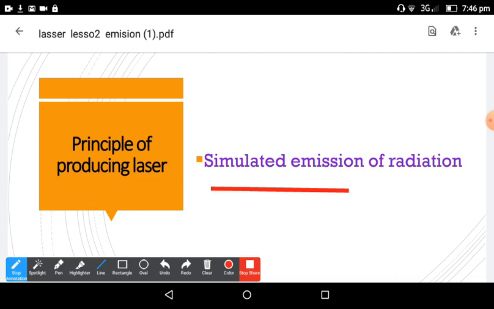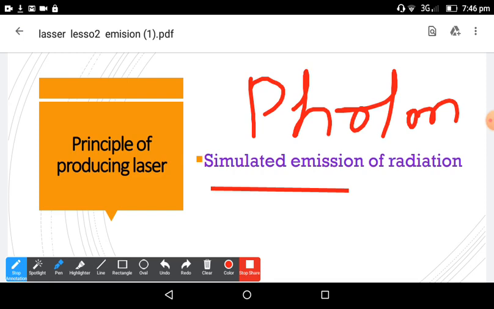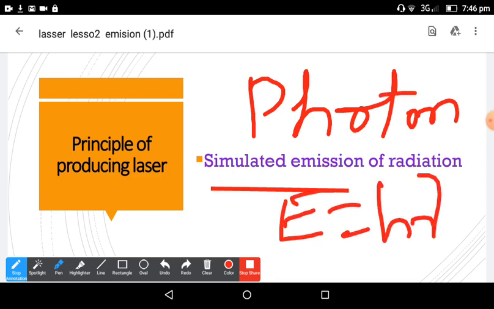Radiation has a dual nature, particle nature and wave nature. The particle of radiation is called a photon. This photon has energy equal to h nu, where h is Planck's constant and nu is the frequency of the radiation.